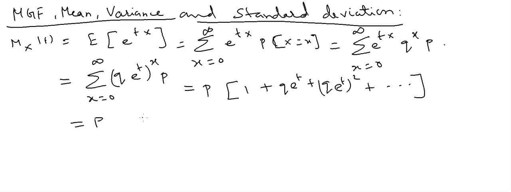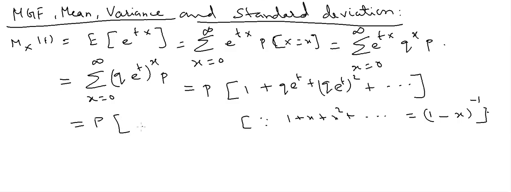It has the form of 1 plus x plus x squared plus etc., which we can write as 1 minus x to the power minus 1. Here x is q into e power t. So p into 1 minus q e power t whole power minus 1.